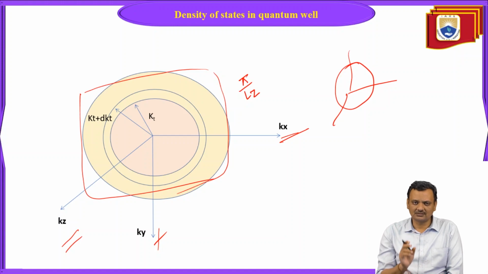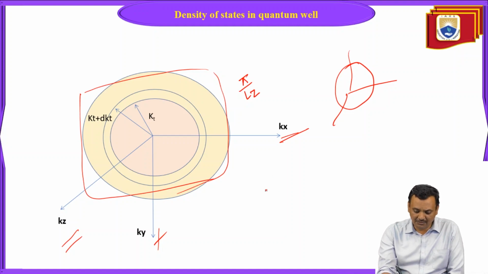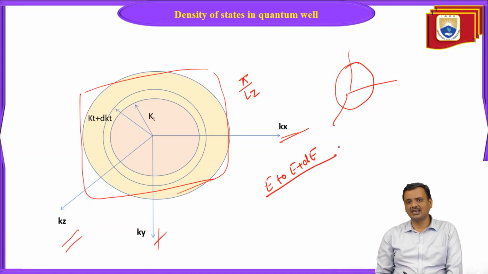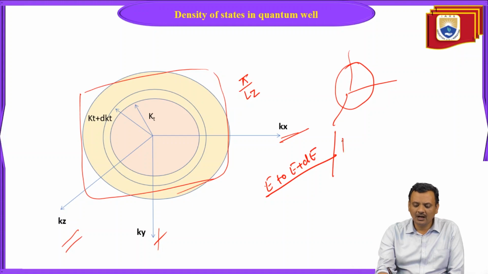So you know the definition of density of state. Density of state is nothing but the available number of states in the energy range E to E plus dE per unit available volume.